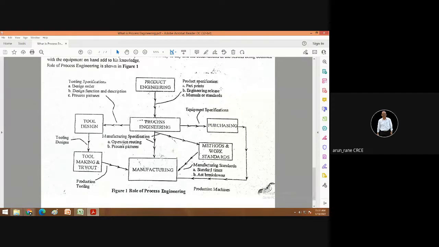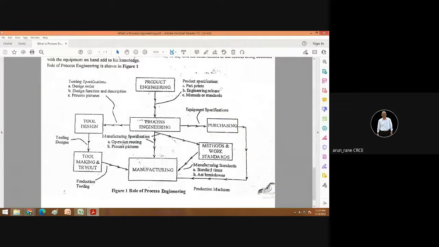Manuals, that is the duty of the product engineer. Operation manual, maintenance manual, spare parts manual, electrical manual, commissioning manual.